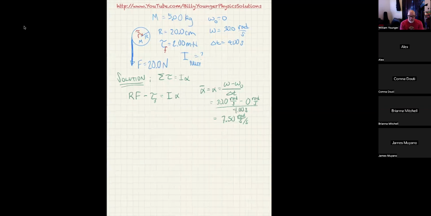Now I'm going to put in the numbers into this RF minus TF is equal to I times alpha. So the R, of course, I need that to be in actual meters.